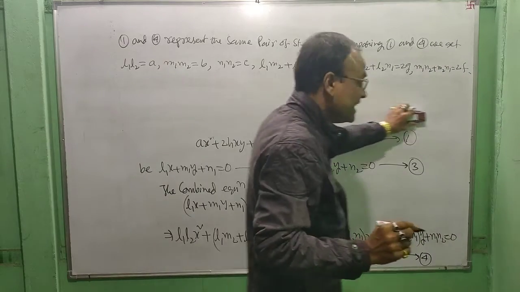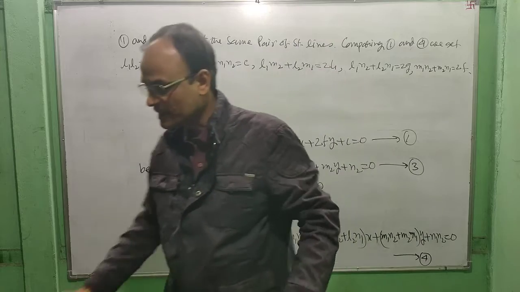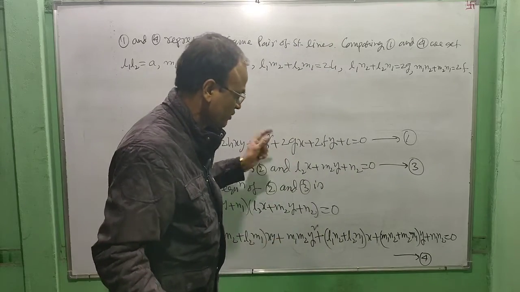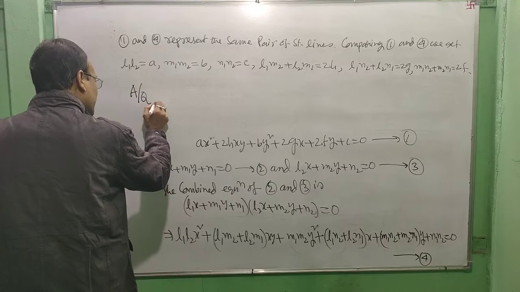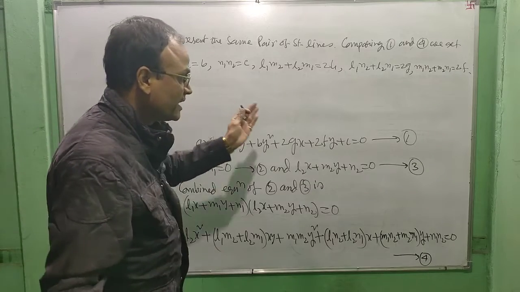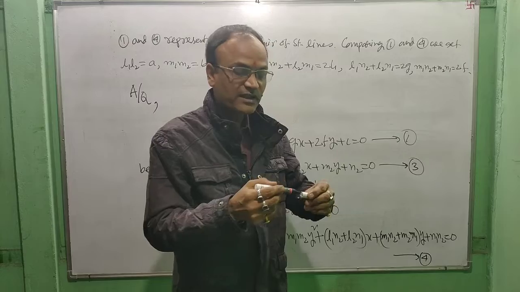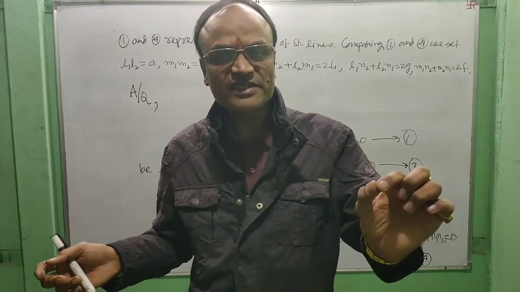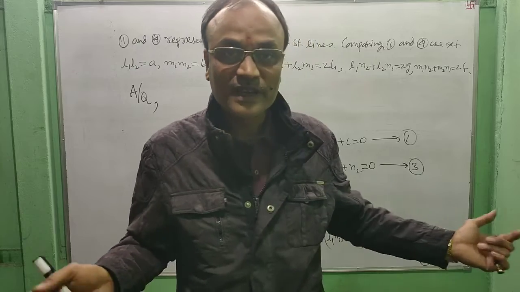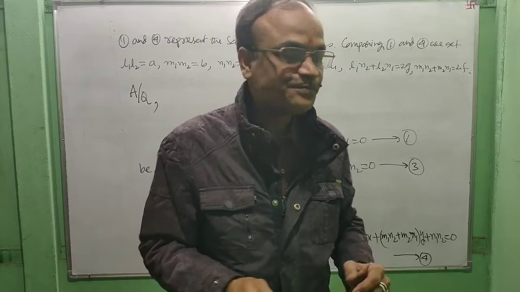According to the question, the perpendicular distances from the origin 0, 0 on these straight lines 2 and 3 are equal.